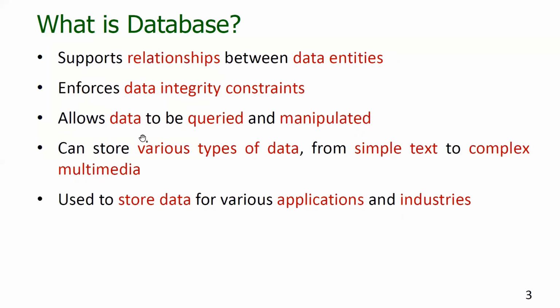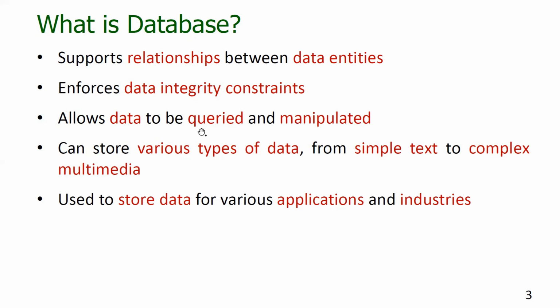Then, what does a database support? A database supports relationships between data entities and also enforces data integrity constraints. Among the data, you can define constraints to satisfy some conditions. It also allows data to be queried and manipulated.